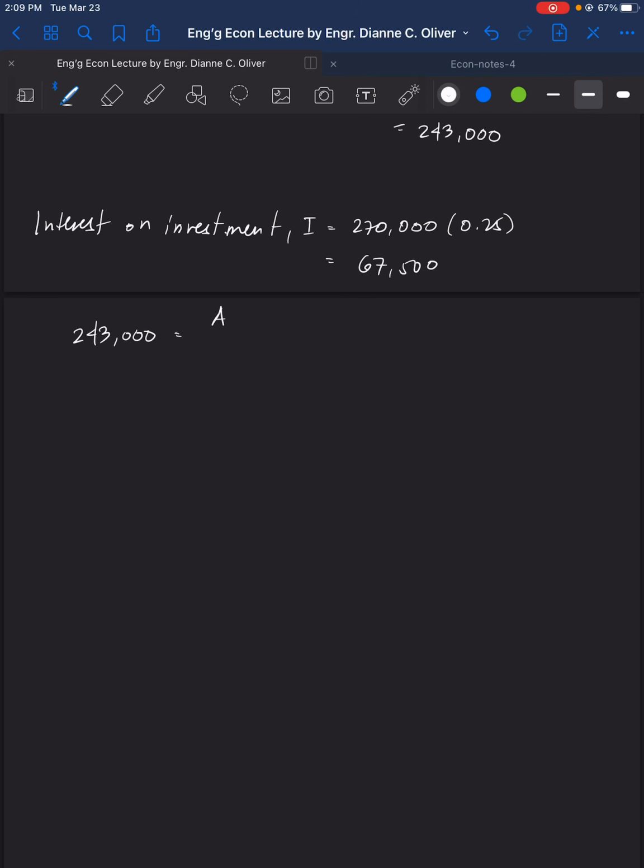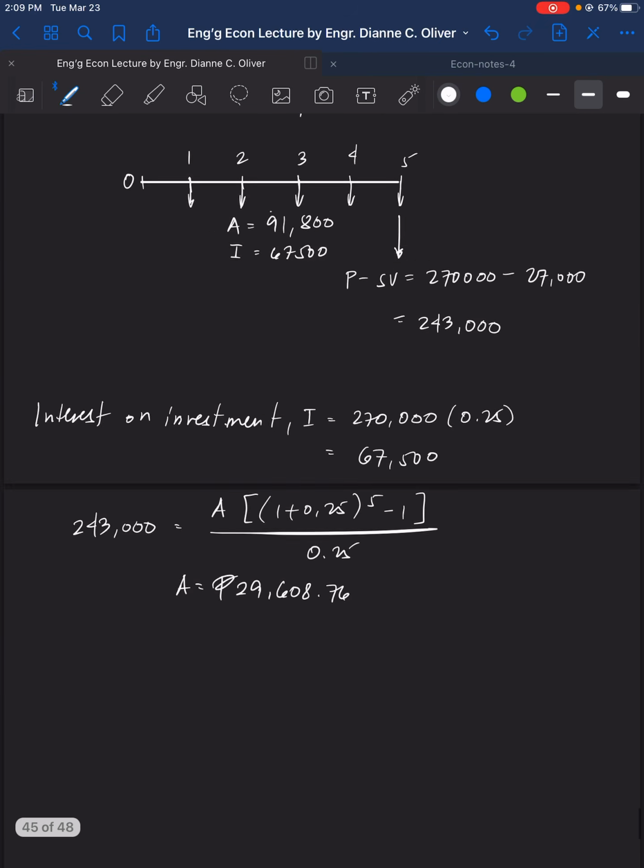Find the annuity: 0.25 over 1 plus 0.25 raised to 5 minus 1. So A now is equal to 29,608.76 pesos.